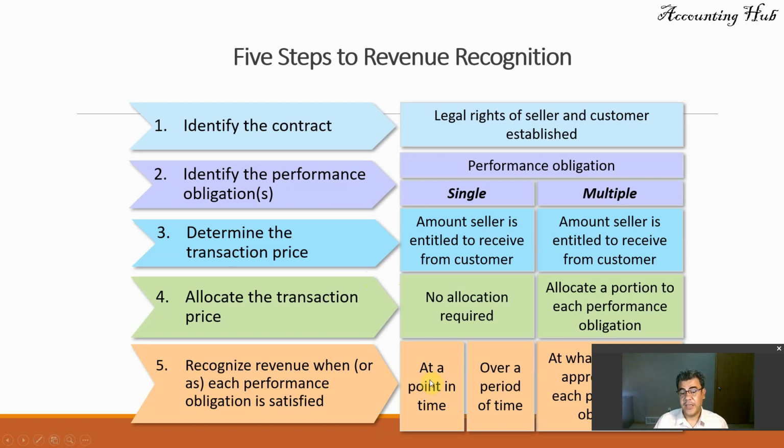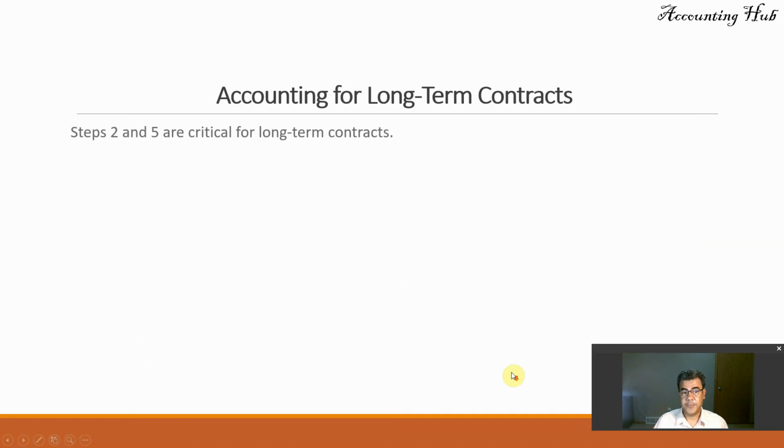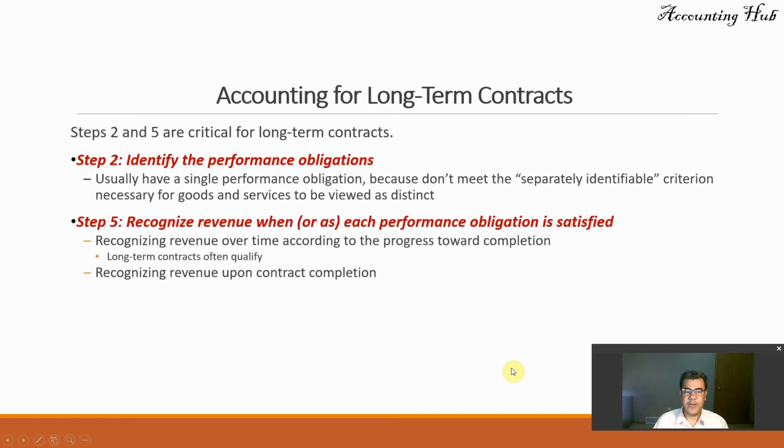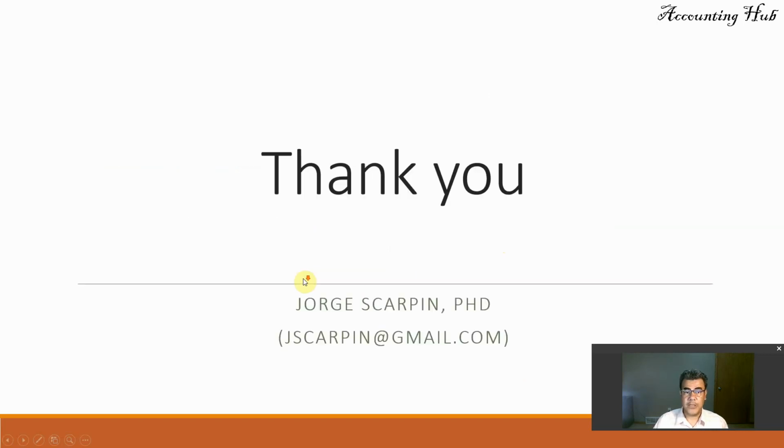And then we have at a point in time and over a period of time. So step 2 and 5 are critical. Step 2, usually single, and here step 5, we recognize it toward completion or upon contract completion.